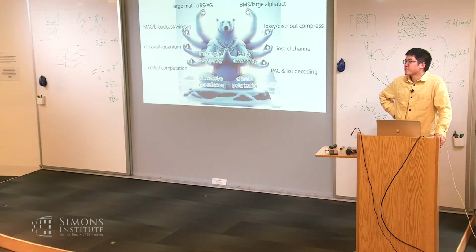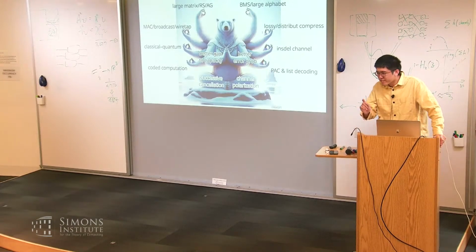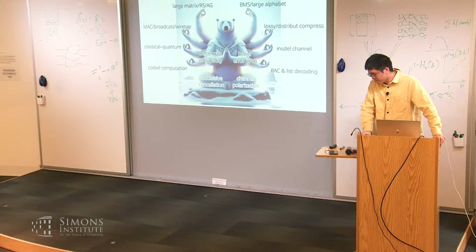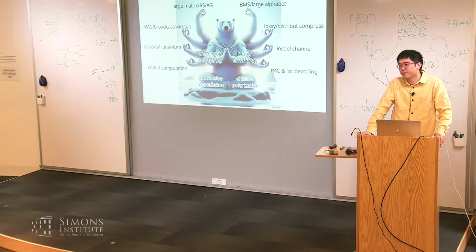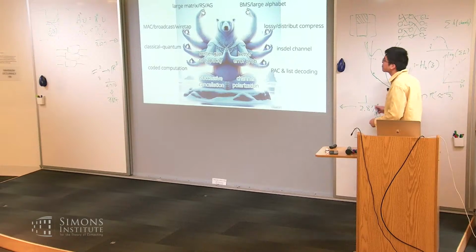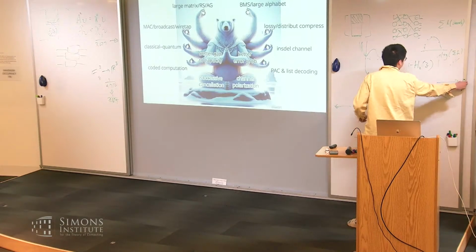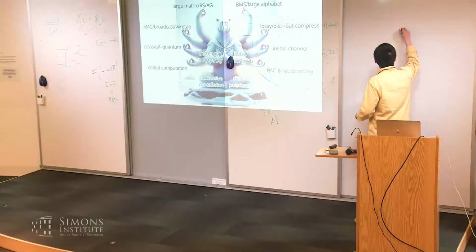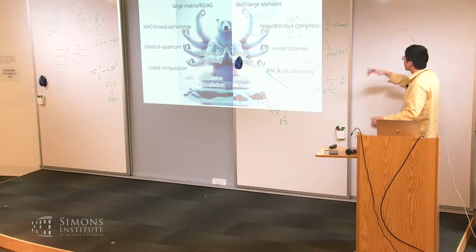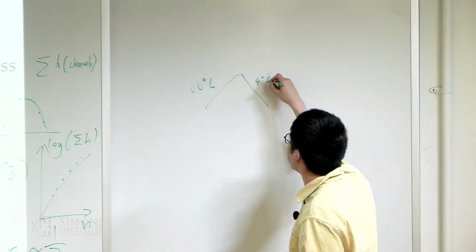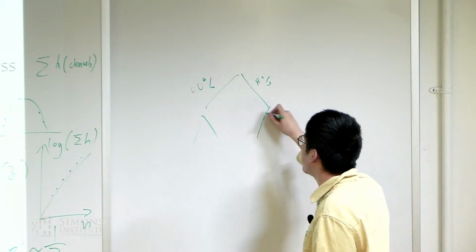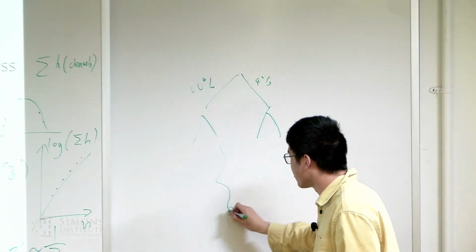Actually, there is a subtle point. You can imagine the successive cancellation decoder as a tree decoder. Eventually you have a binary tree, and this is what the decoder sees. The decoder will see two paths, and then they will see 60% here, 40% here, and then more probabilities, and eventually you want to choose a point.